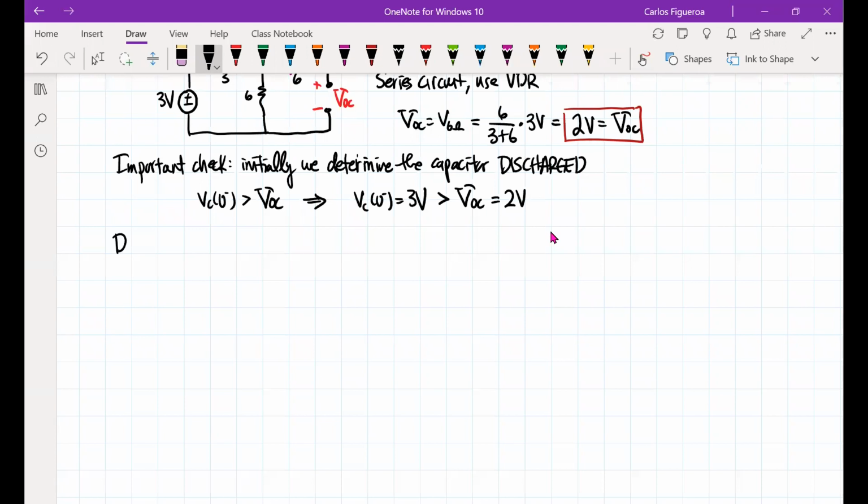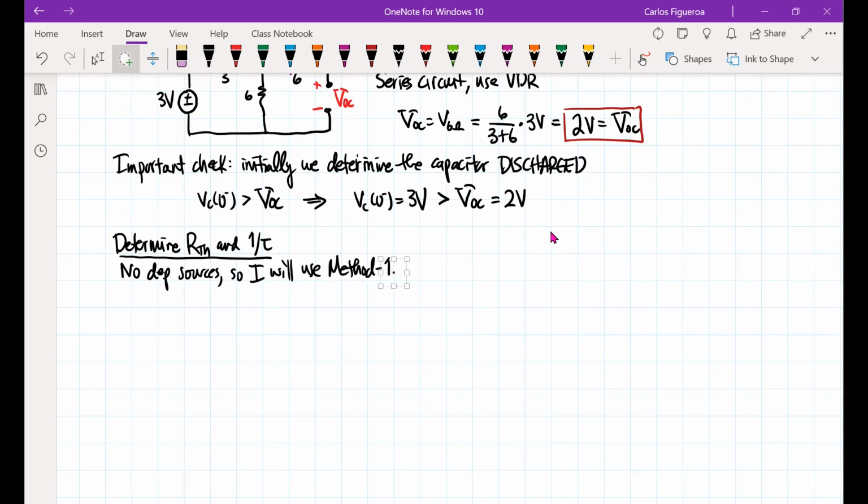So now I'm going to determine R Thevenin and 1 over tau. There are no dependent sources, so I will use method 1. I could use method 2, that totally works.